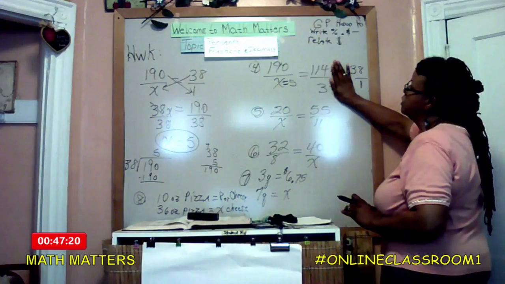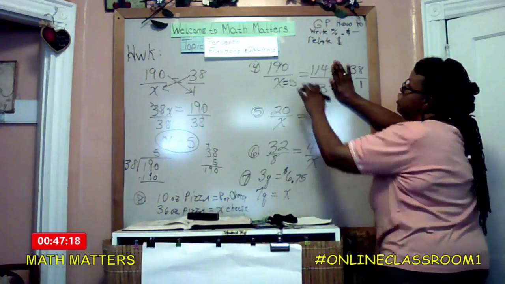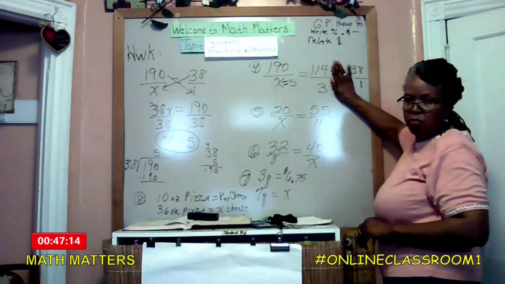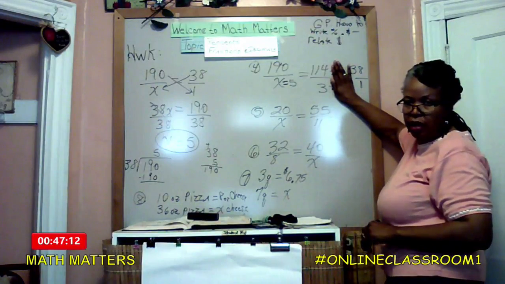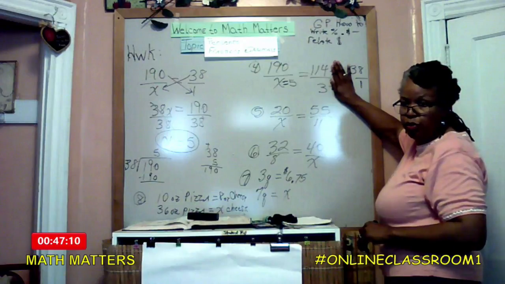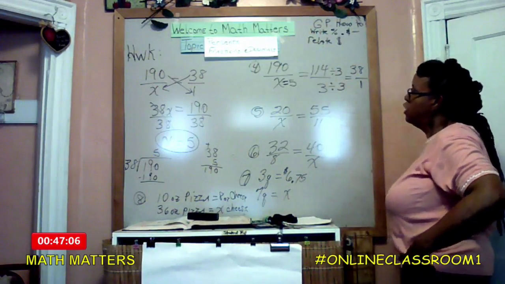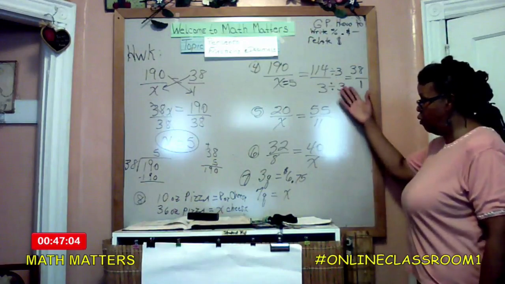That's how it goes. All right? Then you can cross multiply to make sure that you get the same product. Then you've got a proportion, ratio and proportion. Okay? So that's how we would work out number 4.